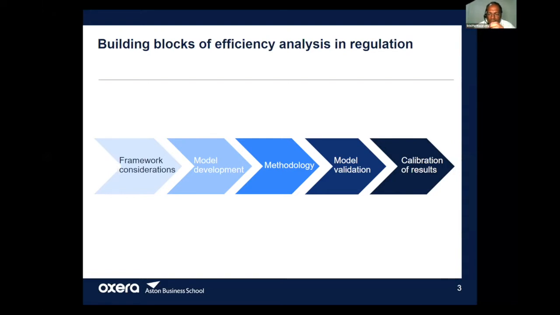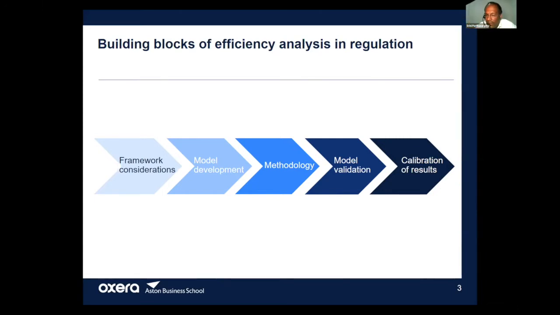As you can see on this slide, this is the broad schematic of how efficiency analysis figures in regulation. You can call it a schematic, a building block, or a step-by-step guide to efficiency work in regulation. We start with framework considerations, which provide the broader context within which efficiency is applied.